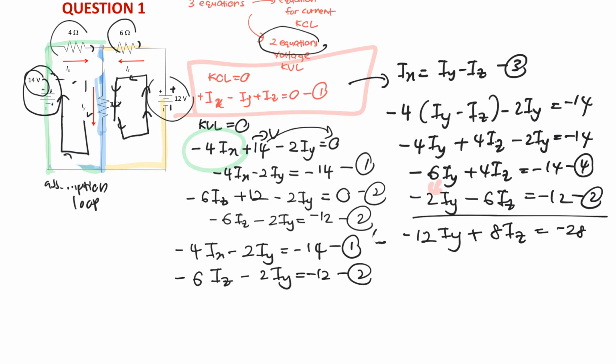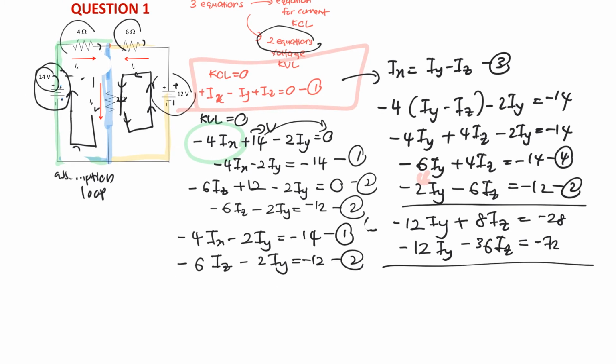Okay, and the same thing that you do, this one you multiply with this one, you multiply with this one, and this one you multiply with this one. So you are going to get negative 12iy negative 36iz, and that one is going to be negative 72. Okay, so once you're done with this, you can find the unknown.